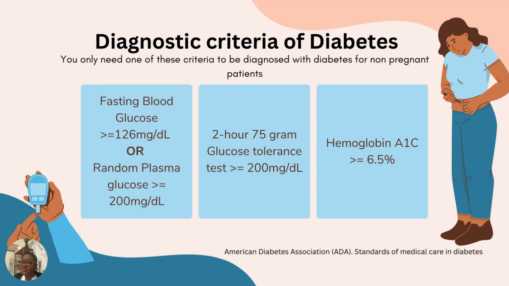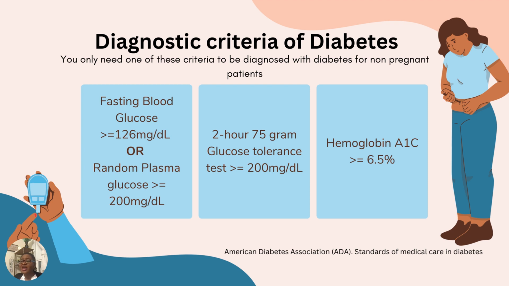The third criteria is if your hemoglobin A1C level is greater than or equal to 6.5%, you can be diagnosed as having diabetes. Now you might be asking, what is hemoglobin A1C? Hemoglobin A1C is the sugar that has been attached to your red blood cells for the past 3 months.